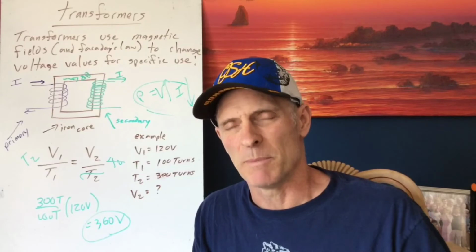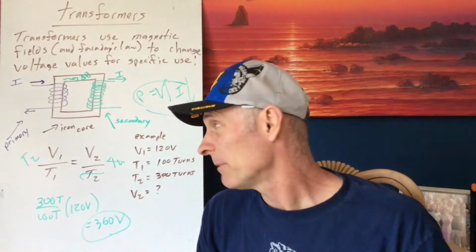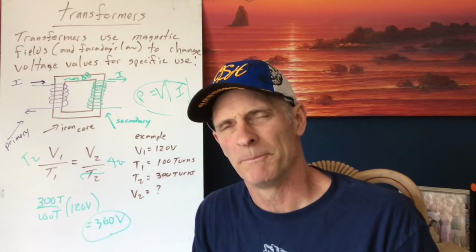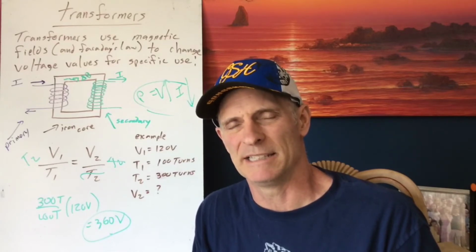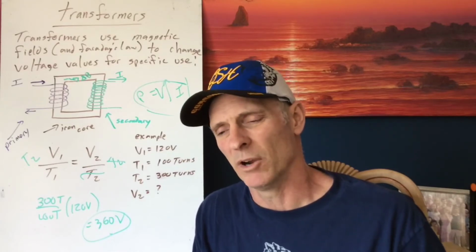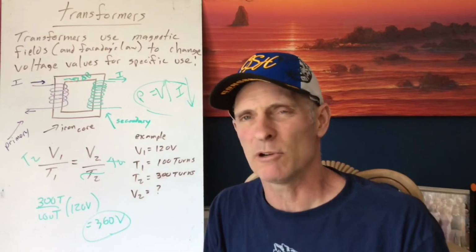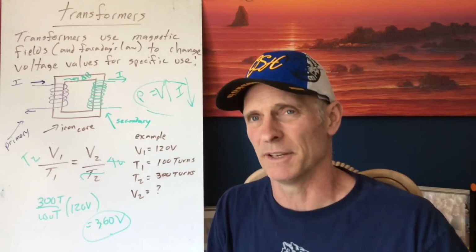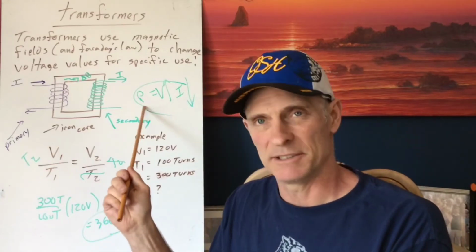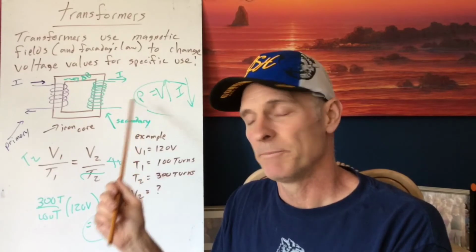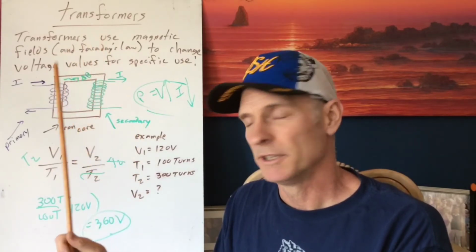So guys, from a mathematical standpoint, the mathematical relationship of a transformer is relatively simple. But there are some practice problems I'd like you to try. The hard part is understanding that power is the same in and out of the transformer, but the way the power looks can be very different, based on the fact that we can step up voltage or step down voltage.